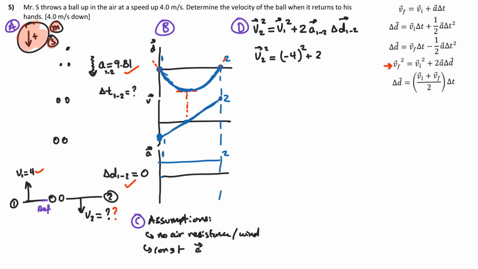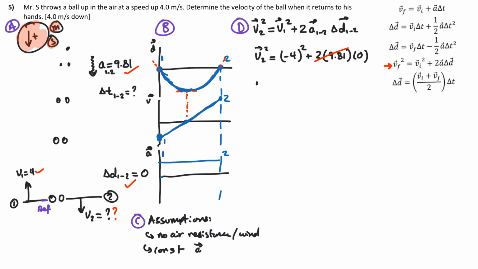The acceleration is downwards, positive is downwards, so that's 9.81, same direction. And the displacement, for me, has no direction, and it's actually 0, so I'm just going to put 0 in here. I could have done that in the first step and canceled this whole term out, but that's okay.